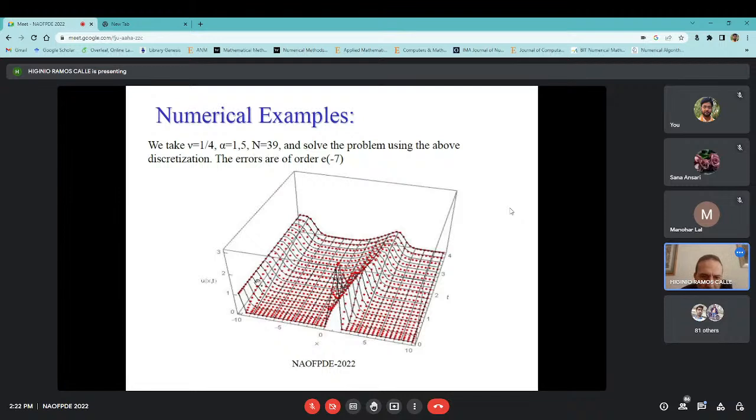So this is the number of points we take here. We solve the problem along these lines using the block methods. So in this case, you can see also the exact solution and the discrete solution obtained with the block method. The errors are of the order of 10 to the power minus 7.